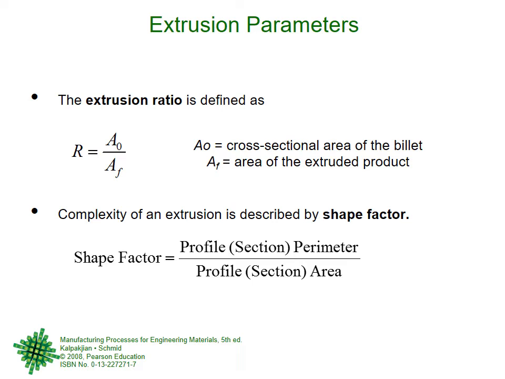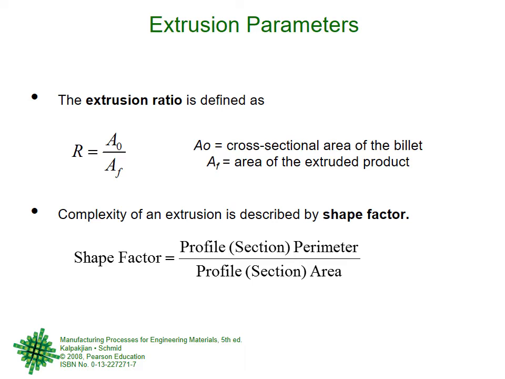This equation is there. But the first person who defined the complexity of an extrusion die based on this would have been a brilliant person. That now, yes, I can see that if it is a very complex shape, then the perimeter will be a very large number and the area will be a simple number, and so on. So this is one way of mathematically, quantitatively defining the complexity of the die.